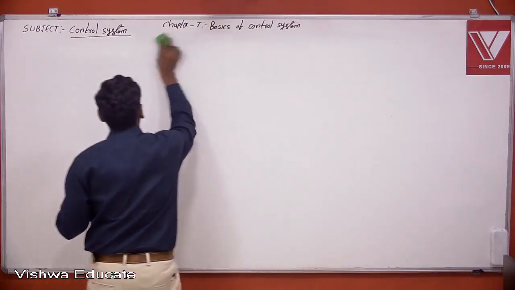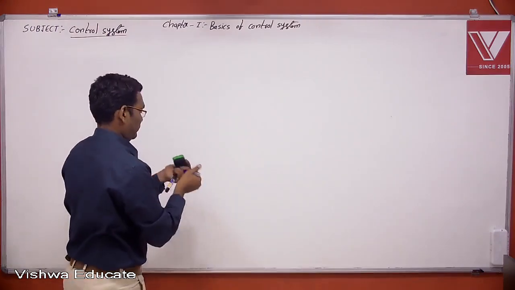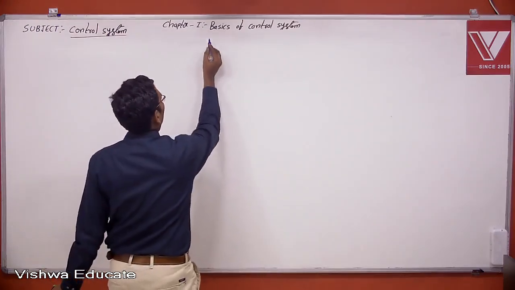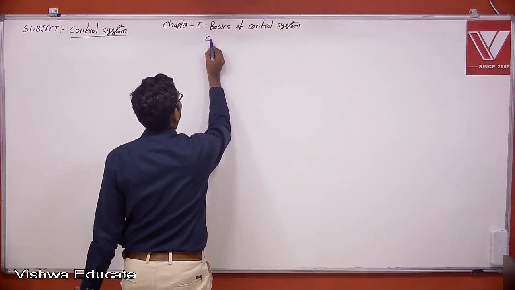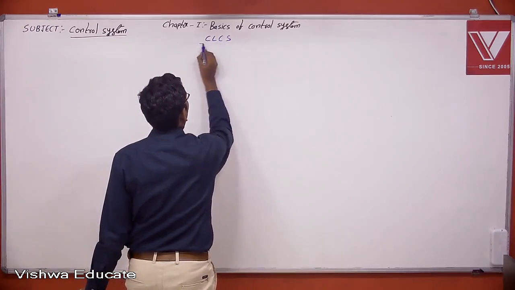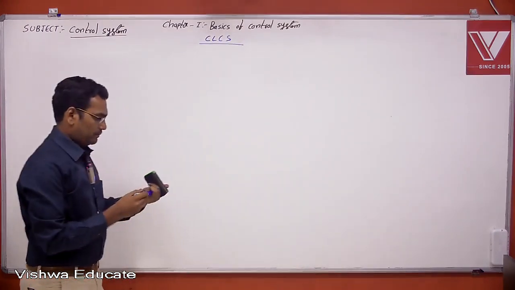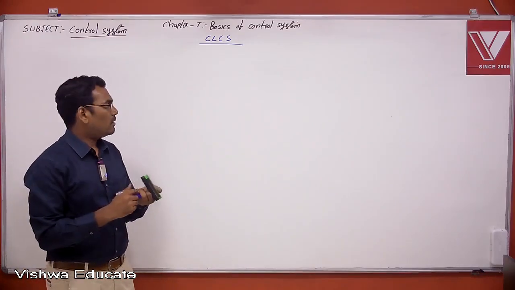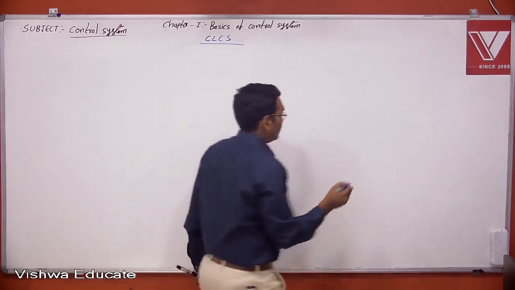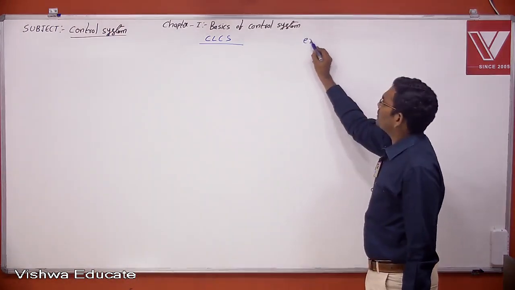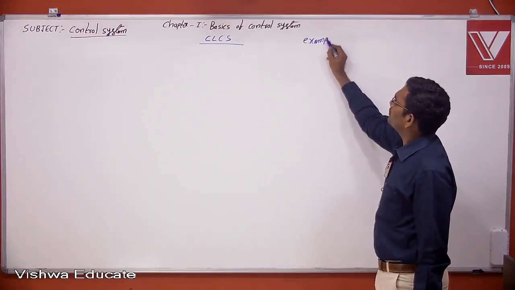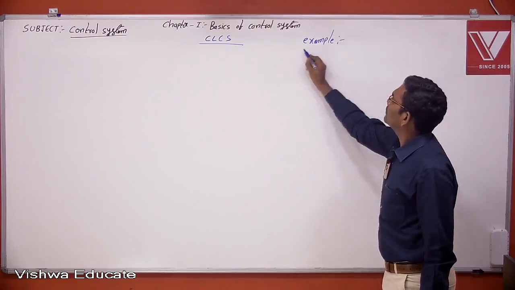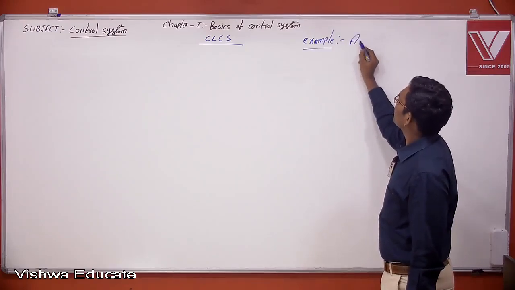So, what is closed loop control system? This is closed loop control system. Then one simple example I am giving. Now we will take one simple example: the air conditioner.